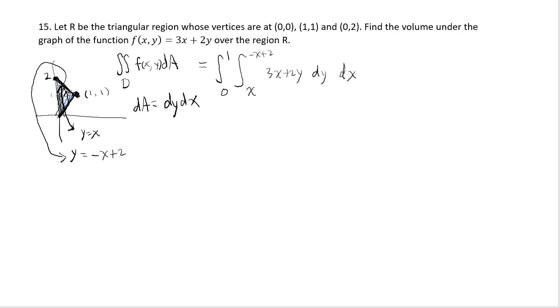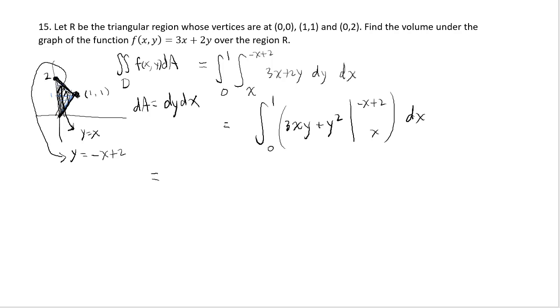Okay, now let's continue. If I integrate this by y, it's 3xy plus y squared, and I have to plug in -x plus 2 and x. I still have to integrate it by x, 0 to 1. Okay, and then these should go into y only because we integrated by y.